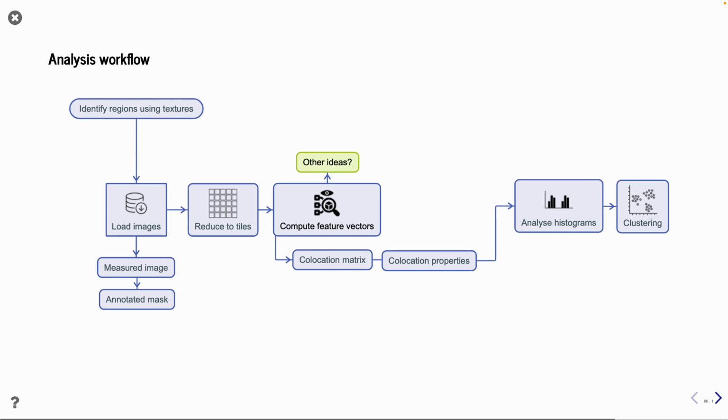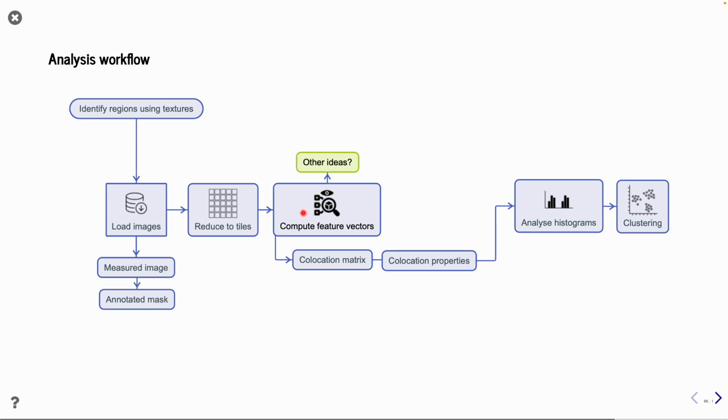The workflow to do it is we first identify regions from images. The first step is also to reduce into tiles. As I said before, we need to work in different regions, otherwise we don't have sufficient information to look at.